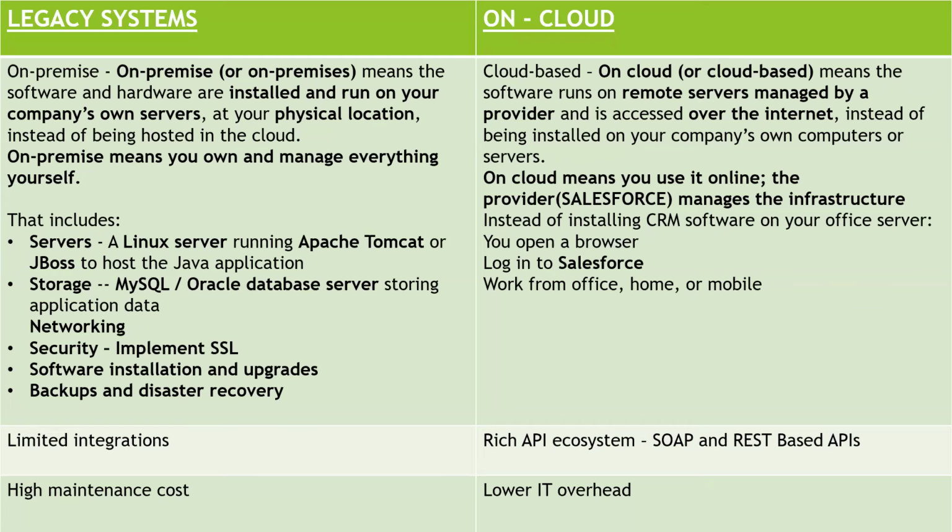Software can be built using a legacy system as well as using on cloud platforms. Before we had these on cloud platforms, we used these legacy systems. If you are college students, you must have heard about Java, .NET, SQL, Oracle. Those are all part of on-premise applications. I'll explain how.